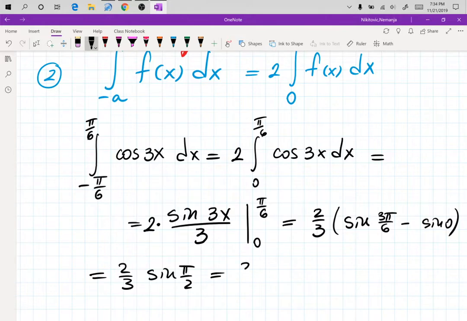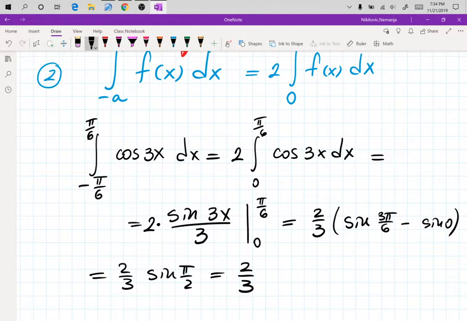Sine of pi over 2 is 1. So the whole thing is 2/3. I did not have to compute at negative pi over 6 as well. So that's where the shorter calculation is. It just helps a little bit.